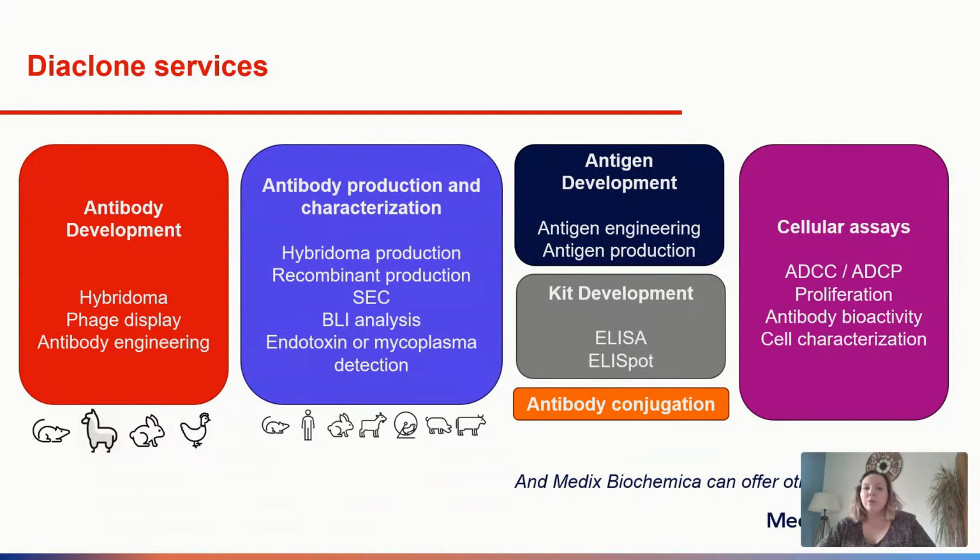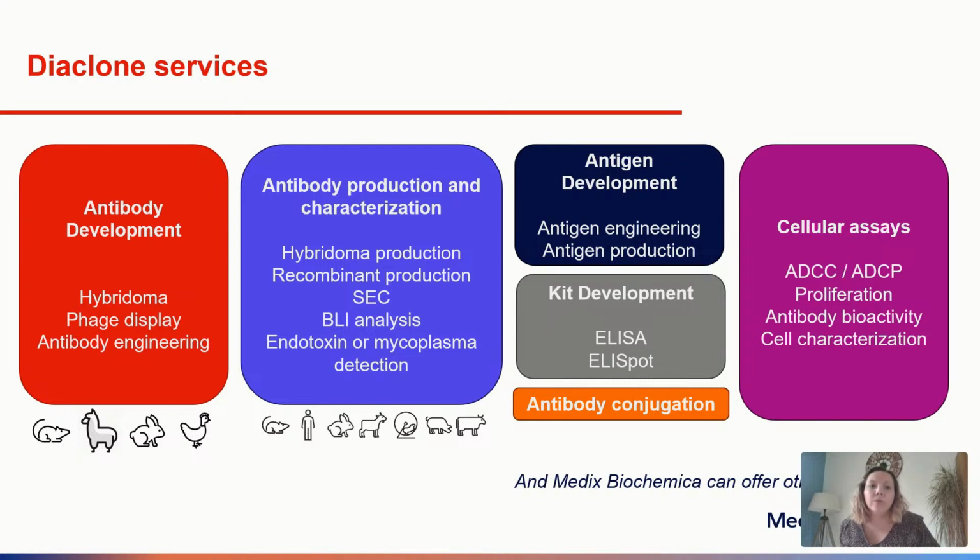So, Diaclone offers different types of services, such as antibody development via hybridoma or phage display. Each technology has its advantages. For example, hybridoma technology is more adaptive for smaller budgets, and it's possible to supply a customer with cell banks of clones of interest in around 8 months.